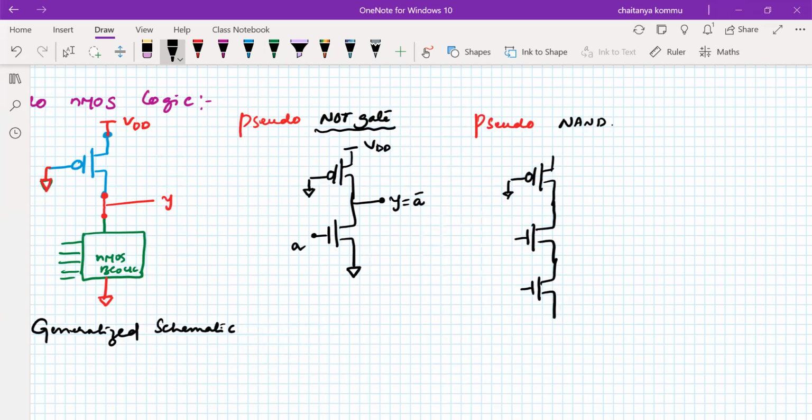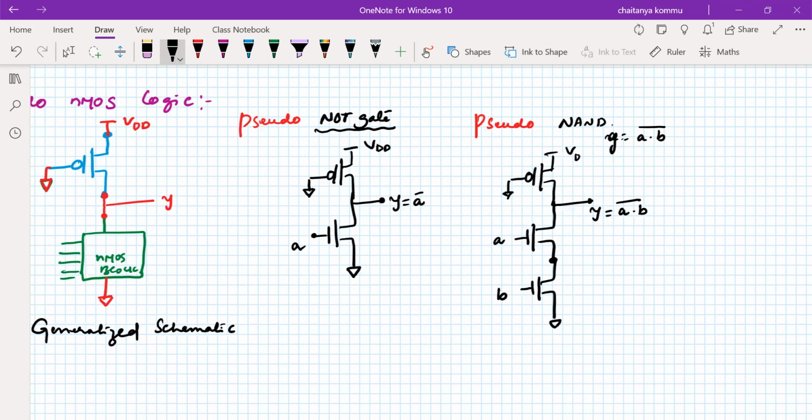What do we mean by a NAND gate? Y is equal to A dot B whole bar. So A and B are connected in series. We have A here and B here. The common point is Y, so it will produce A dot B whole bar.